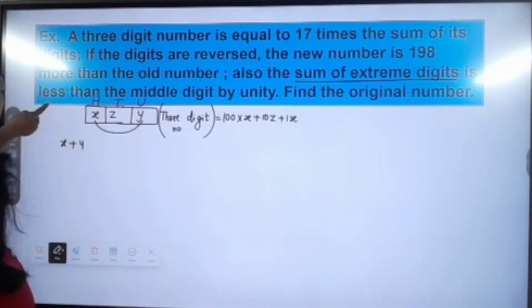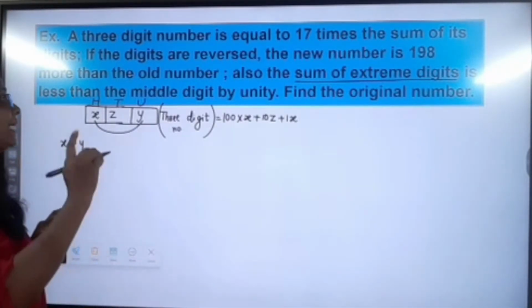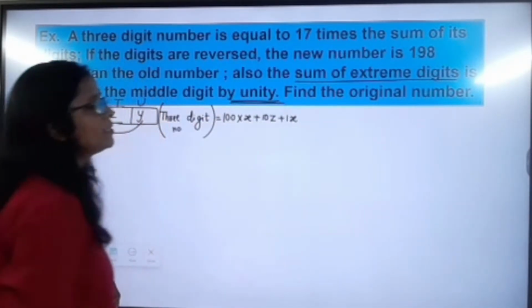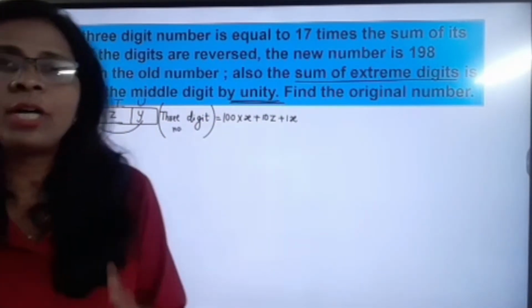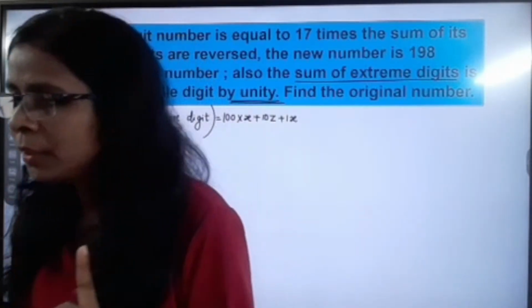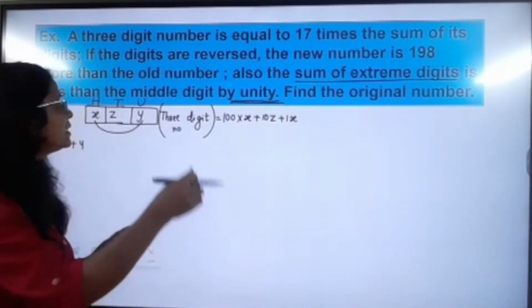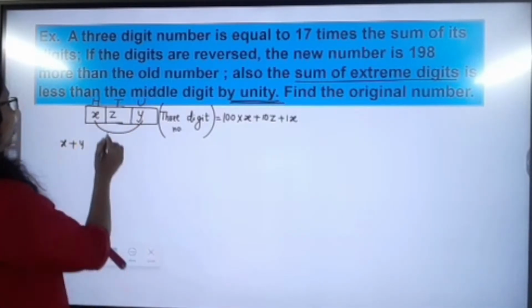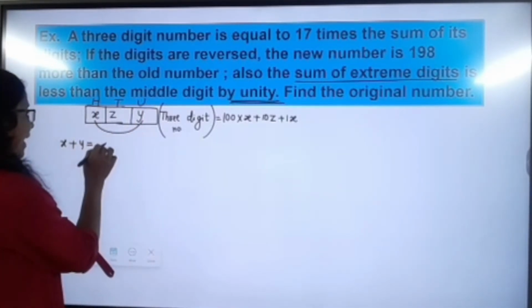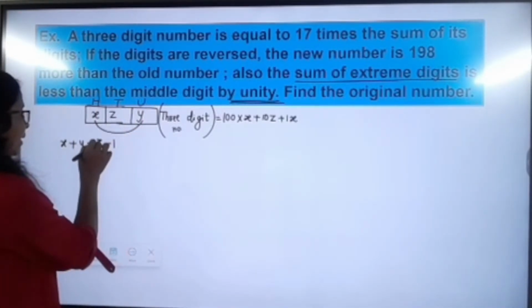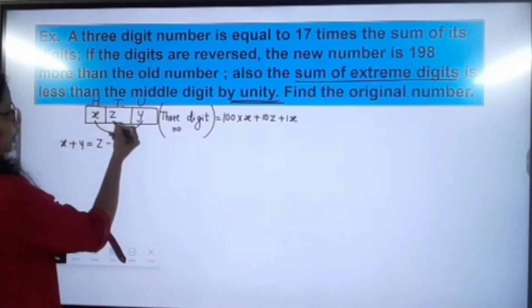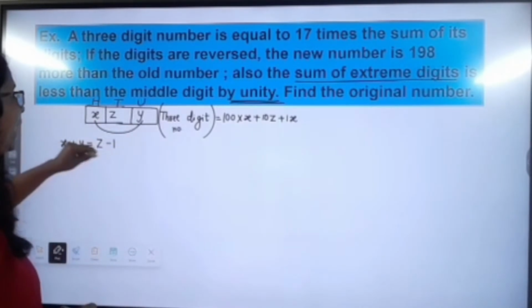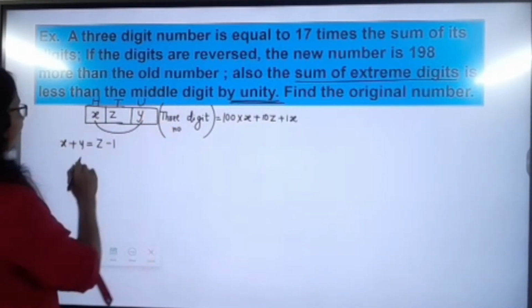Unity means one, so it is less by 1 than the middle digit, which is z. So we have x plus y is equal to z minus 1 as per the given condition.